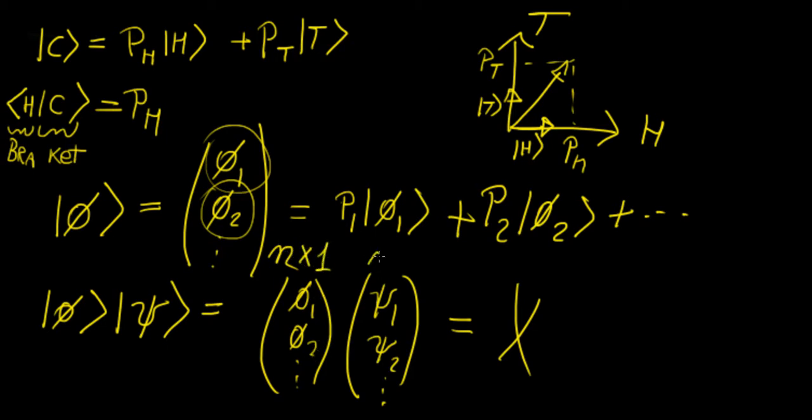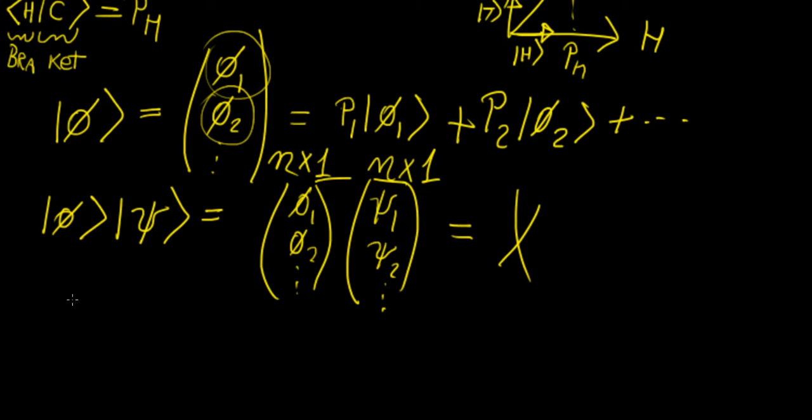How about this one? We have n rows times one column. And the laws of linear algebra tell you that you cannot multiply two arrays together if the number of columns in the first is not equal to the number of rows in the second. So this operation is prohibited.